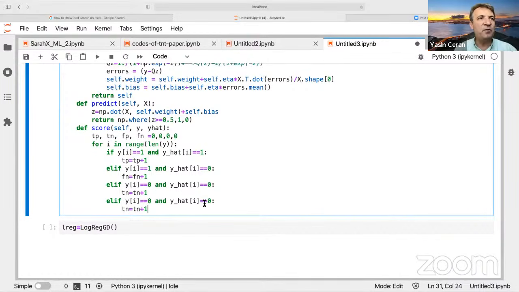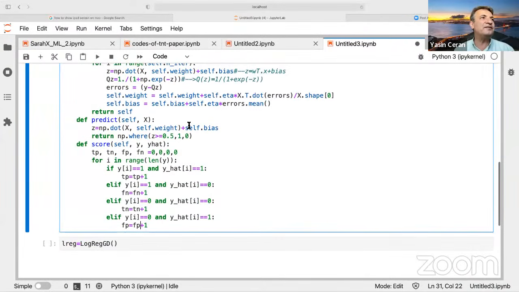If yi is 0 and y hat is 1, that means it was negative, but we predicted positive. So our prediction is false. False positive is increased by 1. Again, you can do this in a much more elegant way. Say prediction to self. Yeah, you can do that. So let me say self.